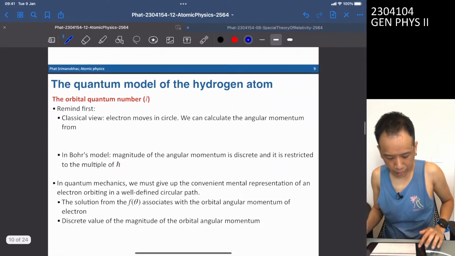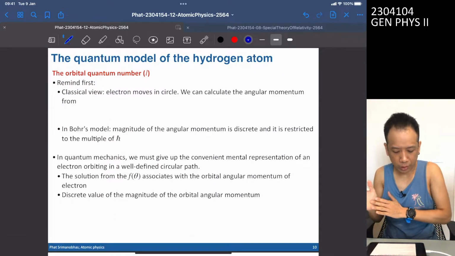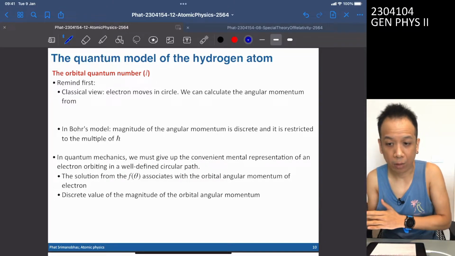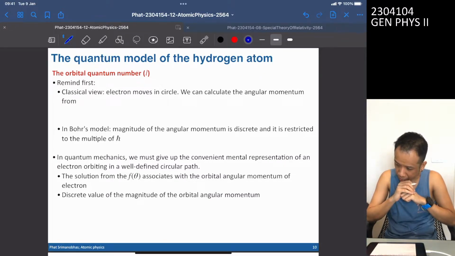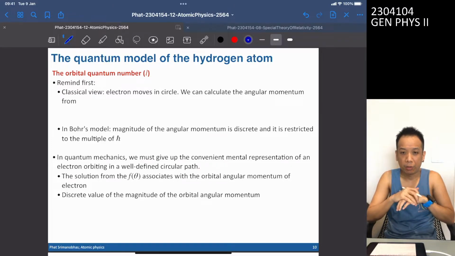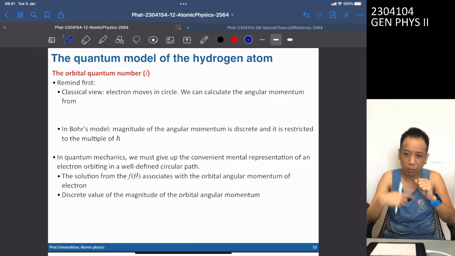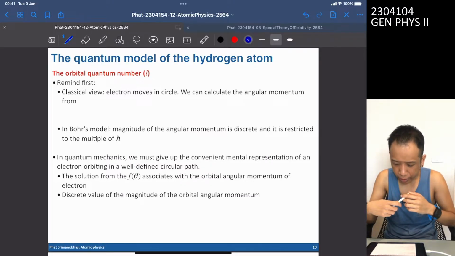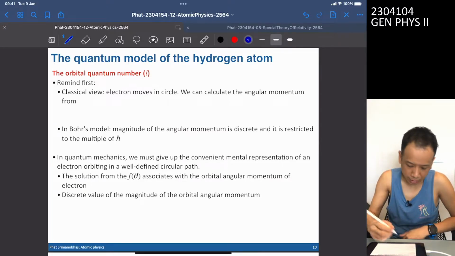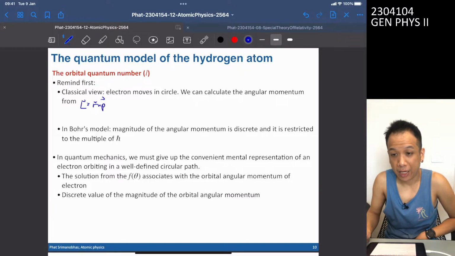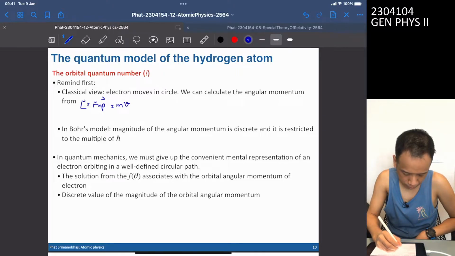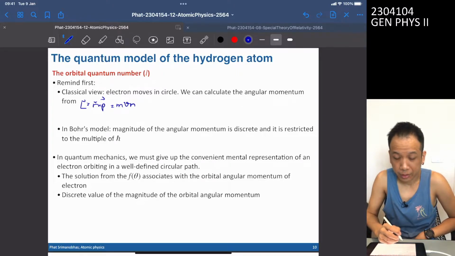Next we're talking about what we call the orbital quantum number l. From the classical view, when something circulates in a circular uniform motion, we calculate the angular momentum, right? The angular momentum L equals r cross p, which is mvr, and r can be any value.